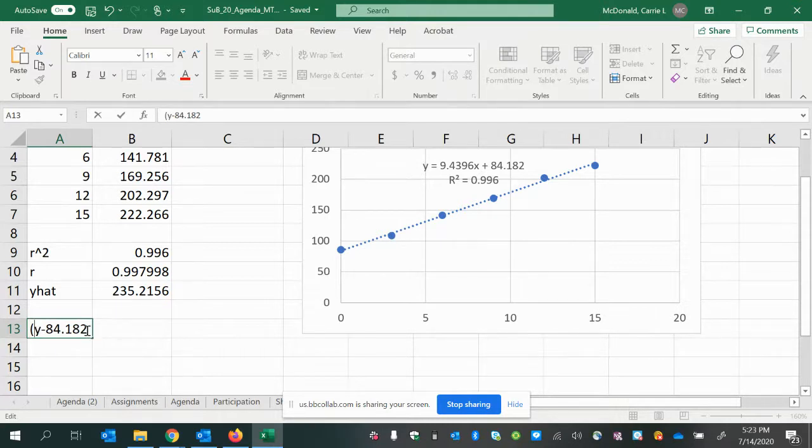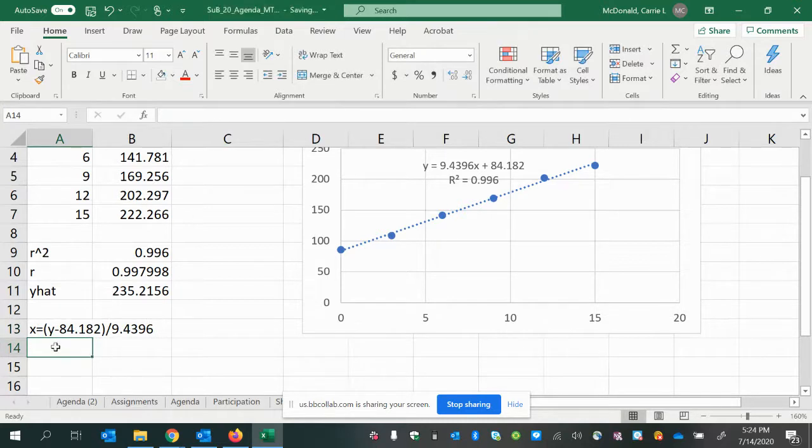Yeah, so we're going to divide it by the coefficient of x, 9.4396. Okay, so that's what we're going to do in order to get x. Make sense so far?